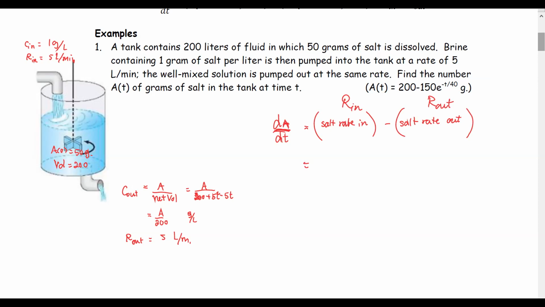The salt rate coming in is the product of the concentration, 1 gram per liter, multiplied by the rate in, 5 liters per minute, subtracted by the rate out, which is the concentration out, A divided by 200, multiplied by the rate out, which is 5. As you see, liter and liter cancel, so the unit of the right-hand side is the same as the left-hand side, grams per minute.